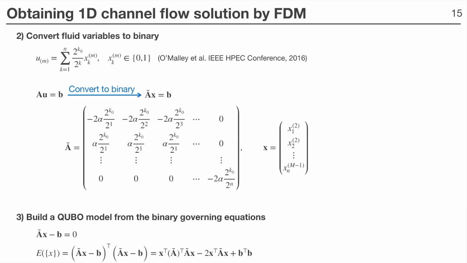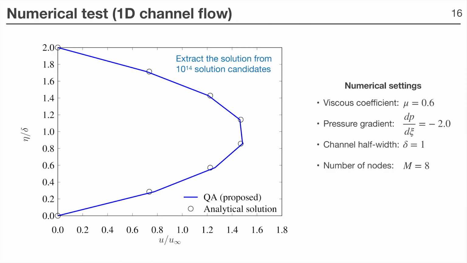And the third step: build a QUBO model from the binary governing equation. This is your binary governing equation. We square both sides of this equation and set it as a cost function. Then we solve this equation, just putting it into quantum annealing. Then we obtain this velocity profile.